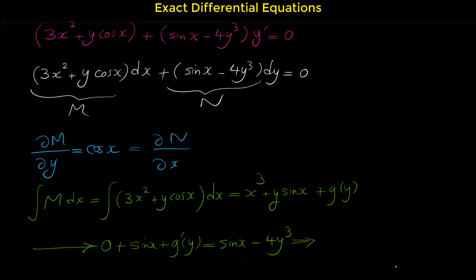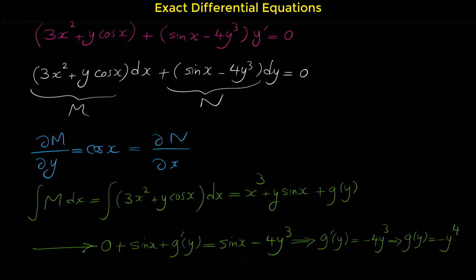From here, because sin x and sin x cancel each other, g'(y) is negative 4y^3. If we integrate to find g, the integral of negative 4y^3 is negative y^4.